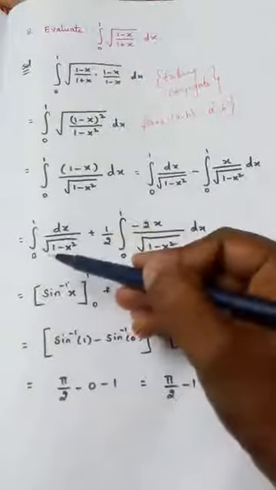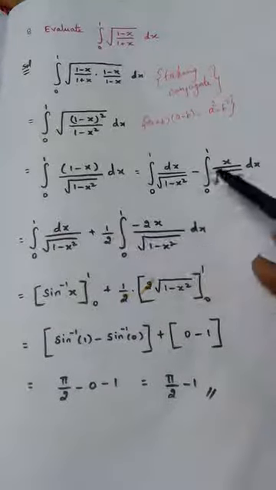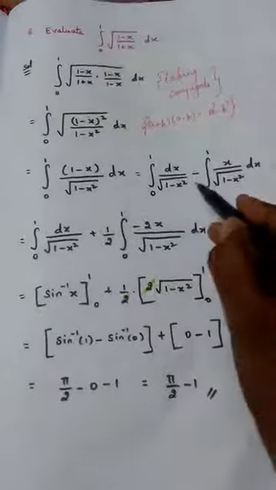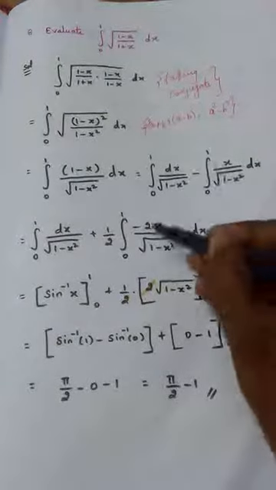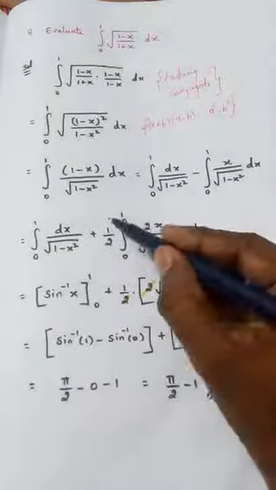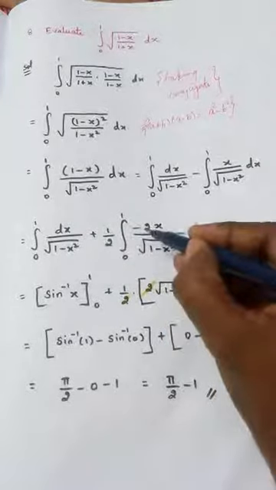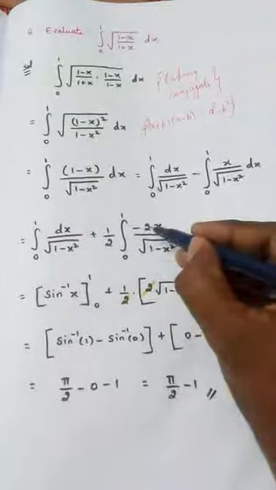Now this is the first integral, and here what I am doing is multiplying and dividing by 2. Now see, this minus is taken inside, so outside it becomes plus, and apart from that 2 is included. Multiply and divide by 2.